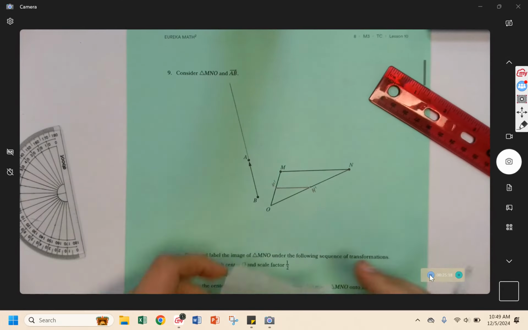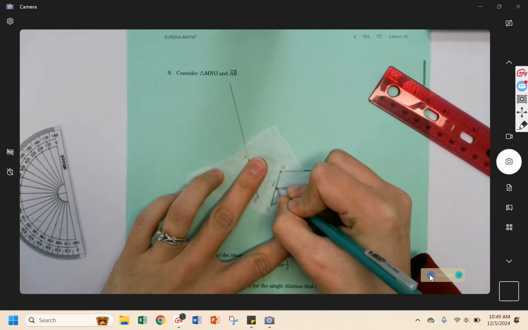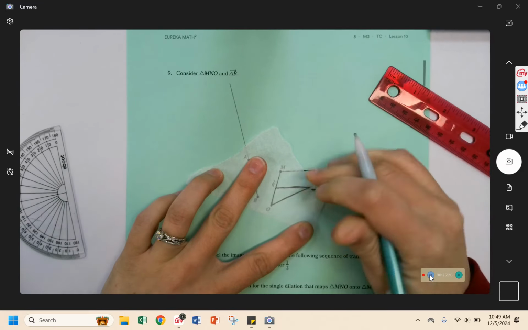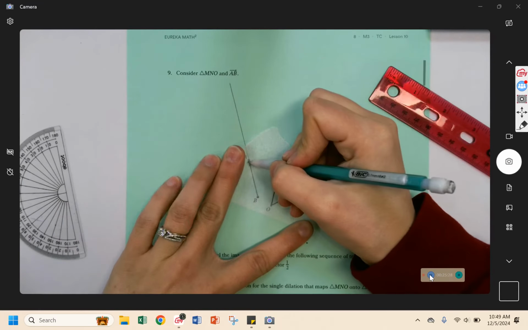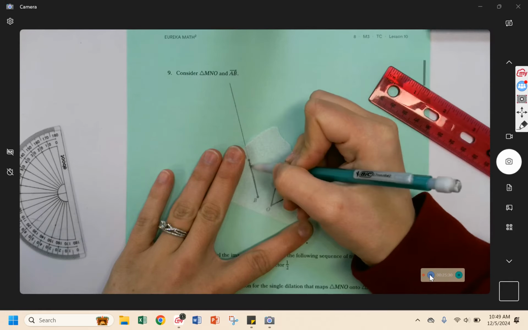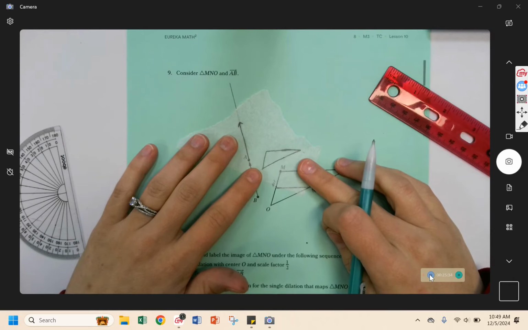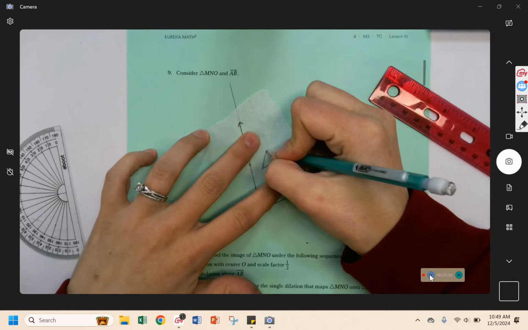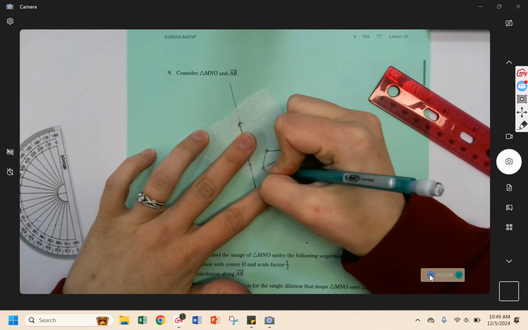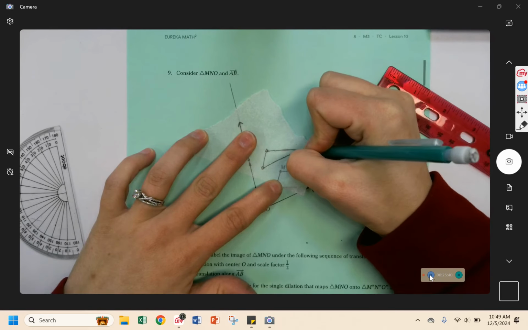So we will take our triangle and we will trace our vector, sliding along that extended line until the end matches up with the point, and place your points in their new location.